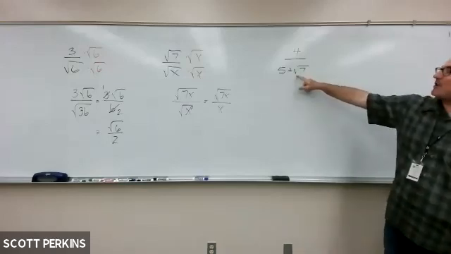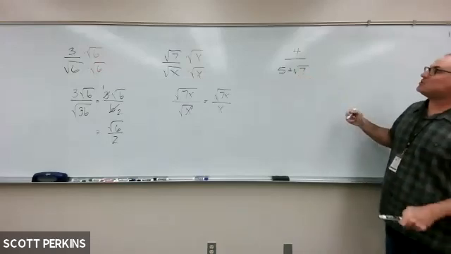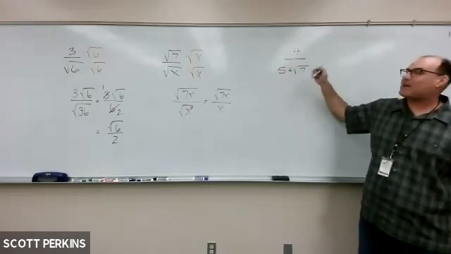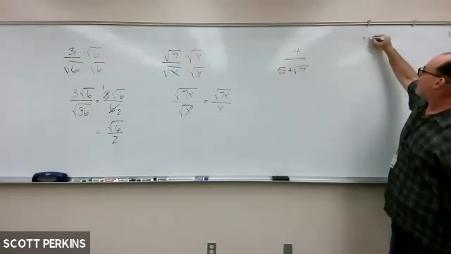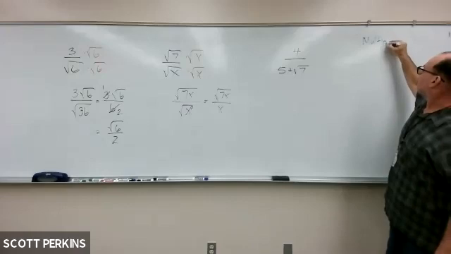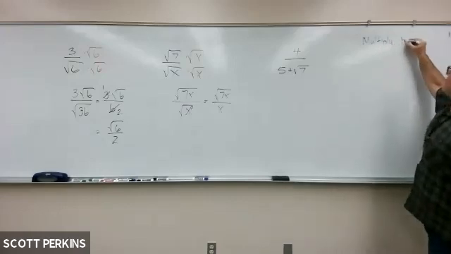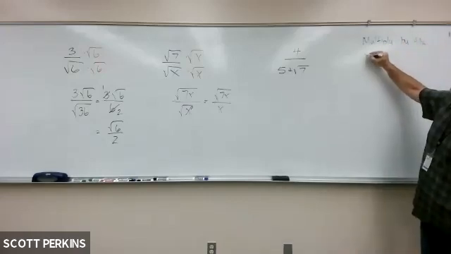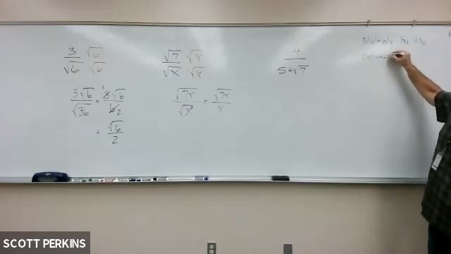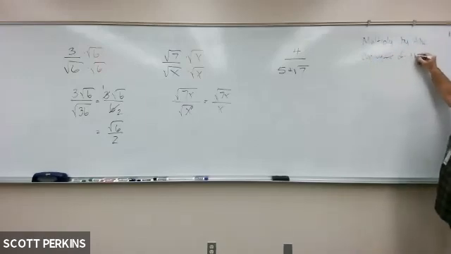When you have a binomial under here, what you're going to do so that we end up with no more radical is you are going to multiply by the conjugate of the denominator.